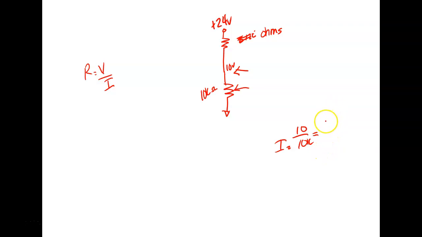Everybody okay there? Okay, so it's a series circuit. I want this guy here to drop what? 14 volts at the current that I calculated right there, 1 milliamp. So R is equal to what? It's going to drop 14 volts at 1 milliamp.